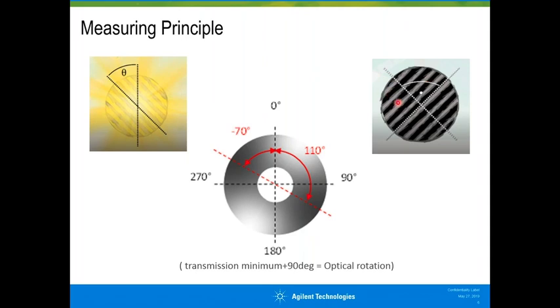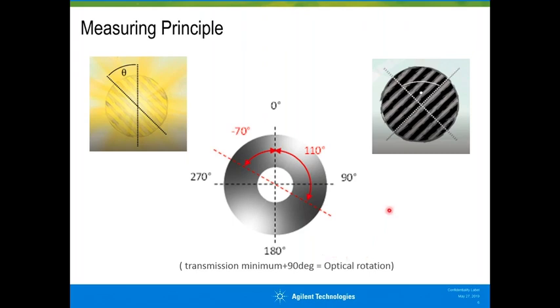So let's assume that we rotate this polarizer filter till there is no light transmitted. This is measured as the transmission minimum. By achieving such a value of transmission minimum, we can add plus 90 degrees to precisely determine the optical rotation of the sample.